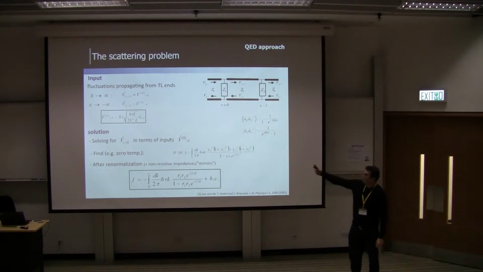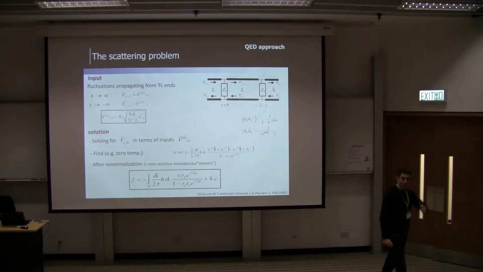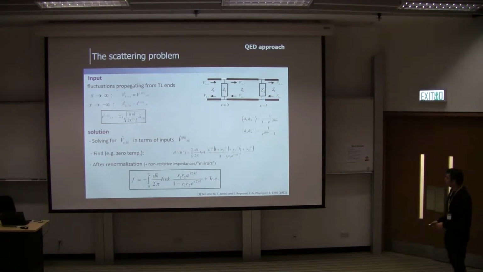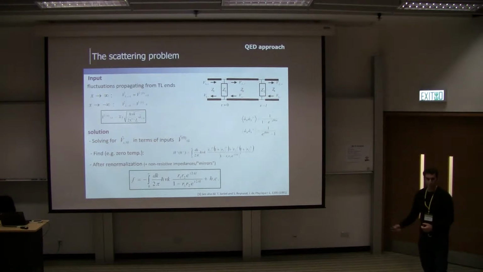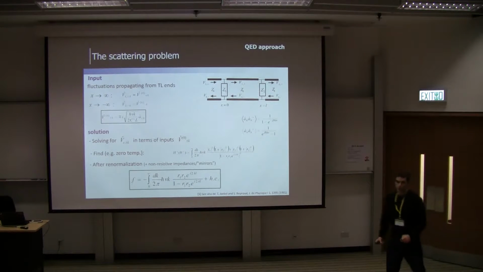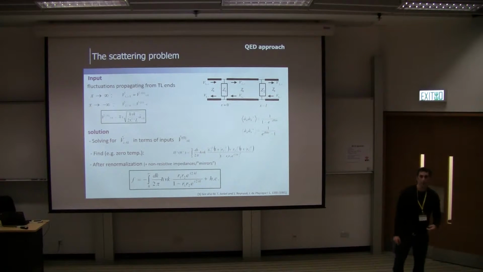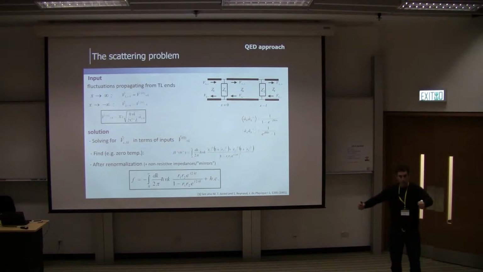Of course, I assumed here that these mirrors cannot absorb energy. They're not resistors. They're just either capacitors or inductors. So this is simple, but maybe now it's more or less realistic, because people have circuit QED, they have these transmons, charge qubits, but these wouldn't move. You're not going to measure a force in the most naive sense.